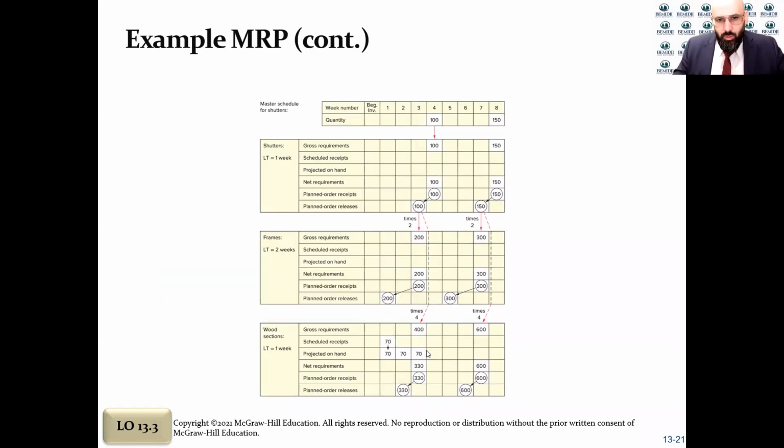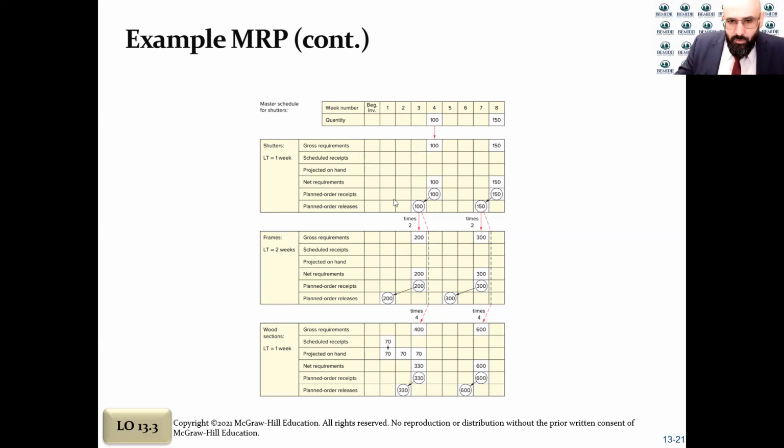Now moving into here, we found the demand or the forecasting to be 100 units on week 4 and 150 in week 8. So that would be the gross requirement for the shutters right there. And we don't have anything in the inventory. So the net requirement would be 100 on week 4 and 150 on week 8.